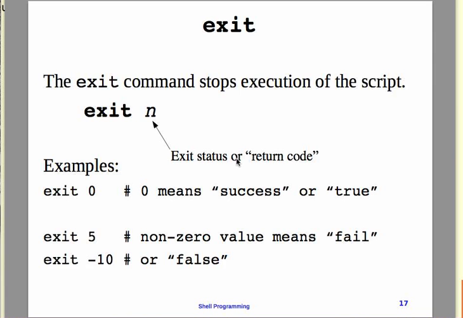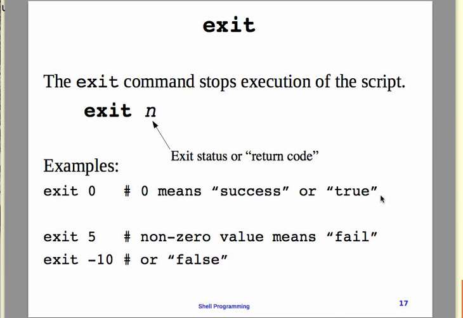Okay, so in this part we'll look at a few scripts, but first I want to clarify one thing. Exit does stop execution of a script and does return a number. 0 normally means success.